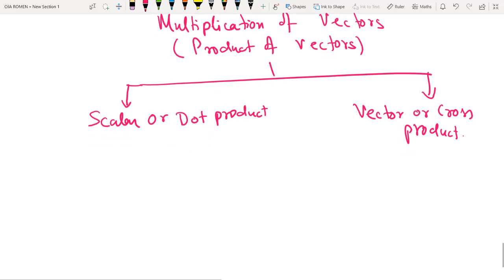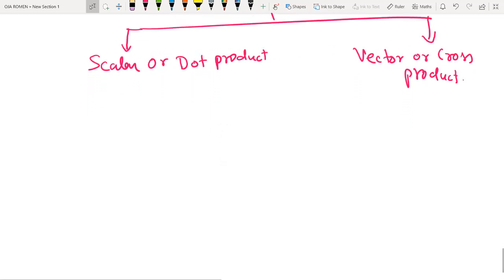Vector or cross product. Now, say we have two vectors A and B. The angle between them is theta.